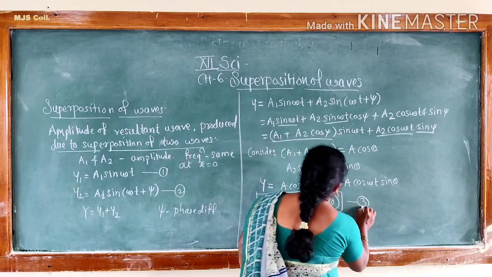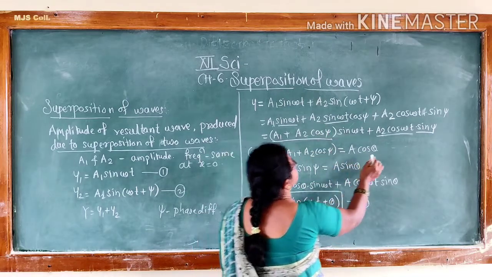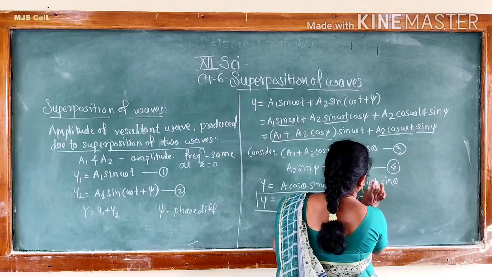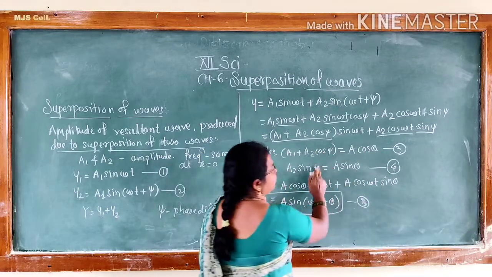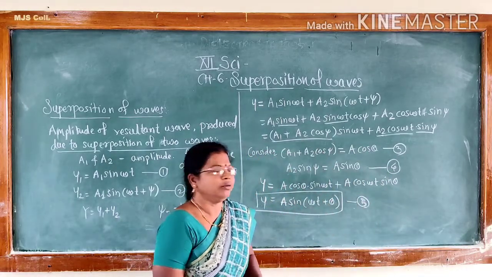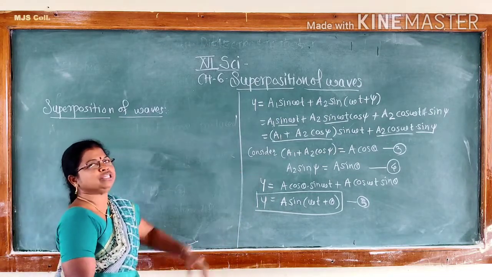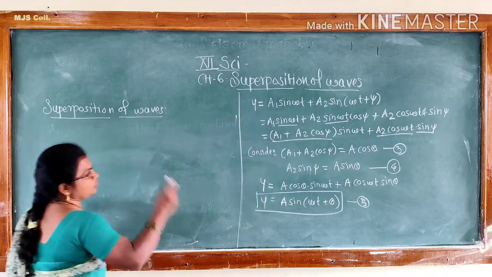So for that purpose, consider these equations. Suppose this is equation number 3 and this is equation number 4. Then squaring and adding equations 3 and 4, what will we get?